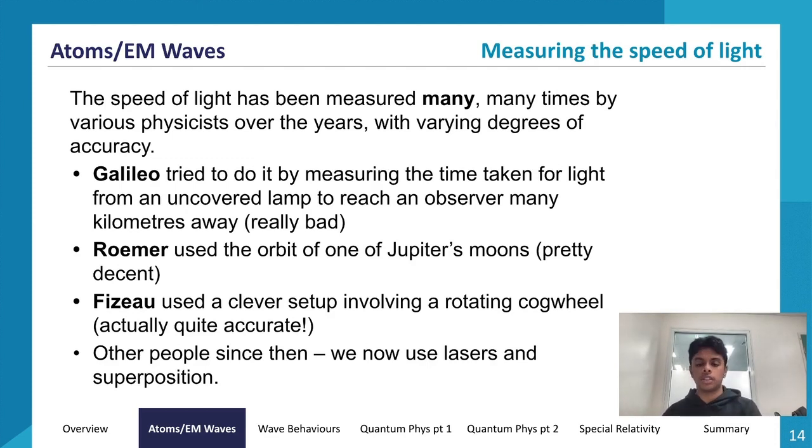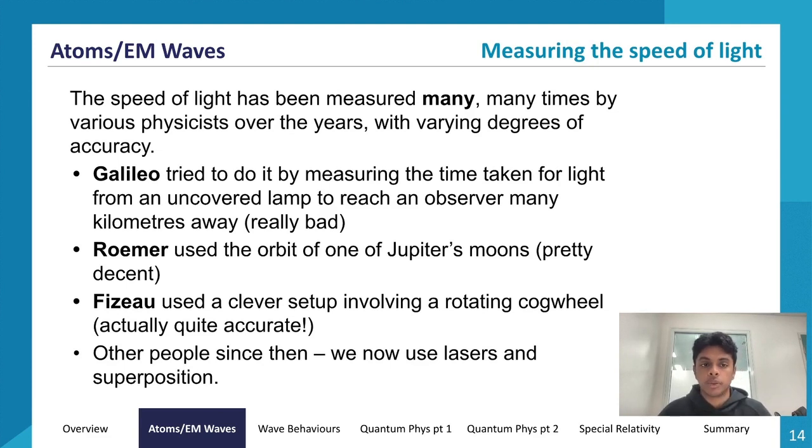Also, a heads up in terms of the questions you can get for these types of topics: they can ask you to compare a historical and a modern means of finding the speed of light, or they can ask you to describe in detail a historical means of measuring the speed of light. If they ask you to describe in detail, for example using a 5 marker, a good tip is to always draw a diagram.